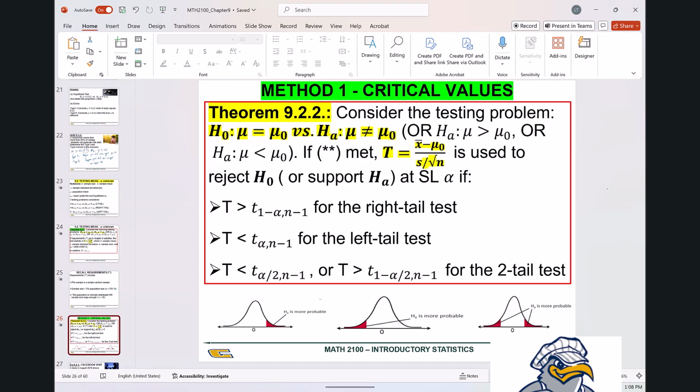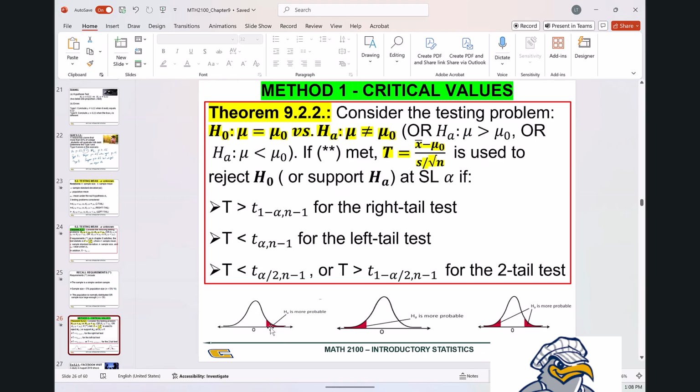And all these values can be calculated by the inverse T function, right? Of n minus 1 degrees of freedom. And the value before that will be either alpha, 1 minus alpha, alpha by 2, or 1 minus alpha by 2 here. It just depends on what T cutoff you use, right?